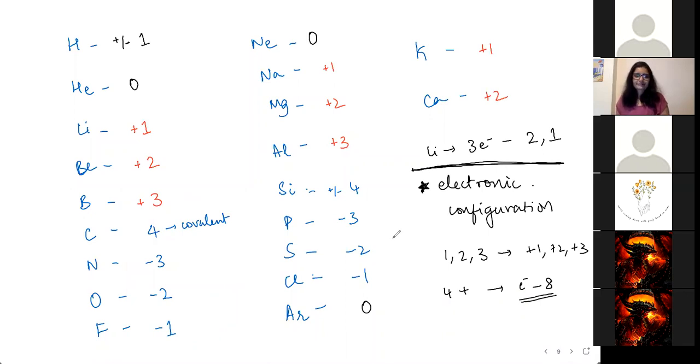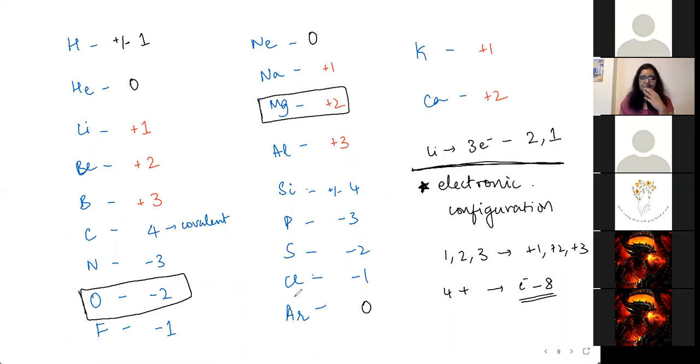Sujal got it right. So magnesium is over here and oxygen is over here. So दोनों का valency है. Swayam no. Samriddhi, now you got it. Absolutely right. Aryan, you haven't answered yet. So Swayam and Aryan. Yes, ma'am.